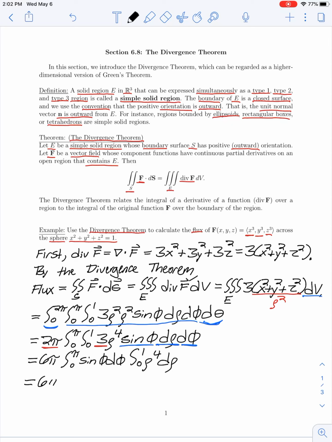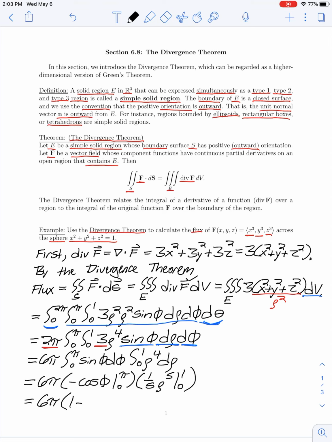So we have 6 pi times the antiderivative of sine phi, which would be negative cosine of phi, which we're evaluating from 0 to pi. And the antiderivative of rho to the 4th is 1/5 rho to the 5th, which we're evaluating from 0 to 1. So we now have 6 pi times, when we evaluate negative cosine phi at pi, we have cosine of pi, which is -1, but the negative out front gives us a +1.